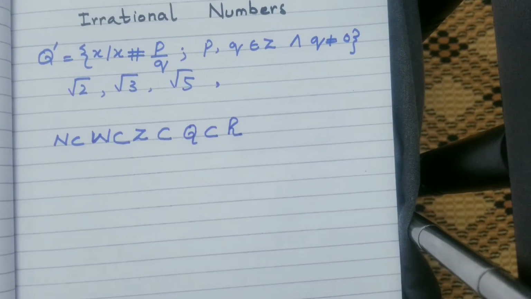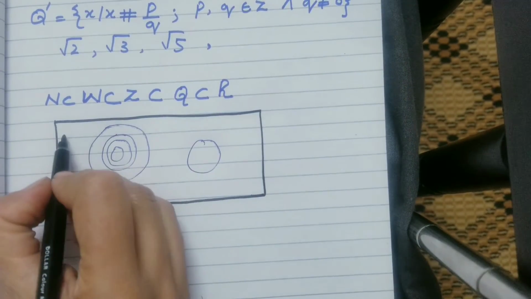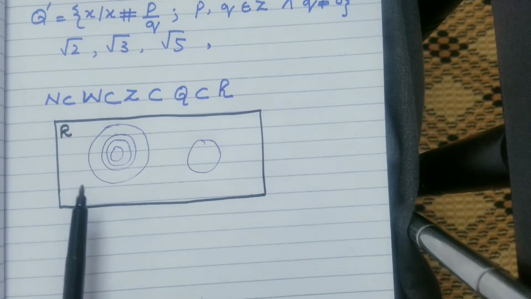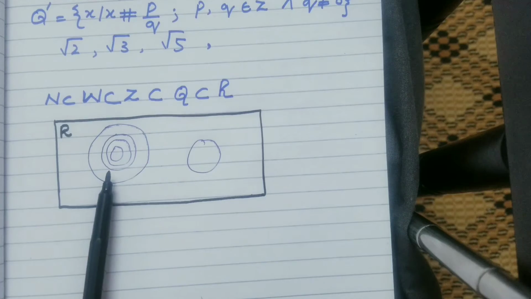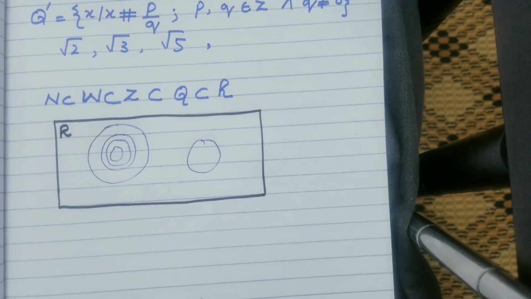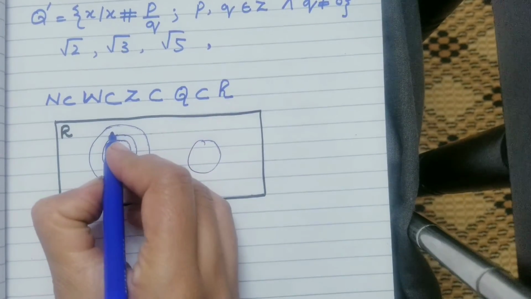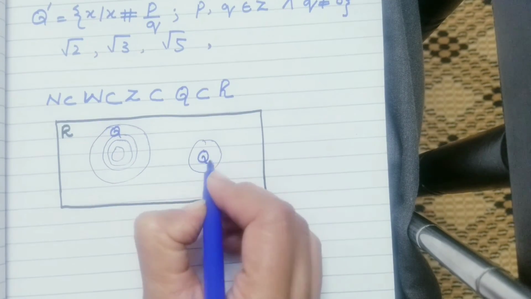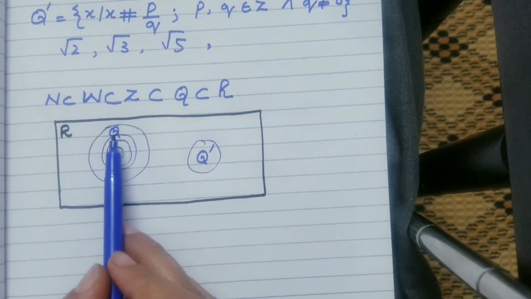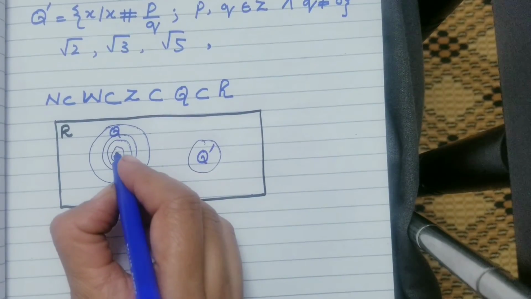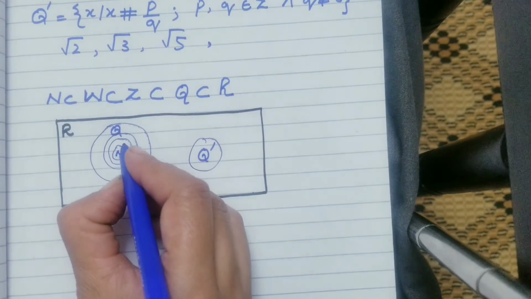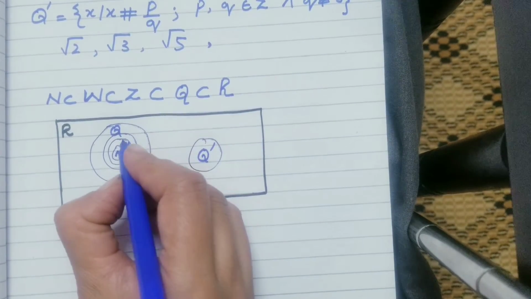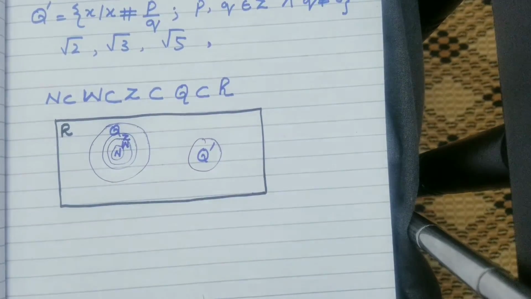So how will we get real numbers? Real numbers have all the rational and irrational numbers. A real number is a set of all the rational and irrational numbers. Okay, this whole circle. And in rational numbers we have the set of natural numbers, whole numbers, and the set of integers.